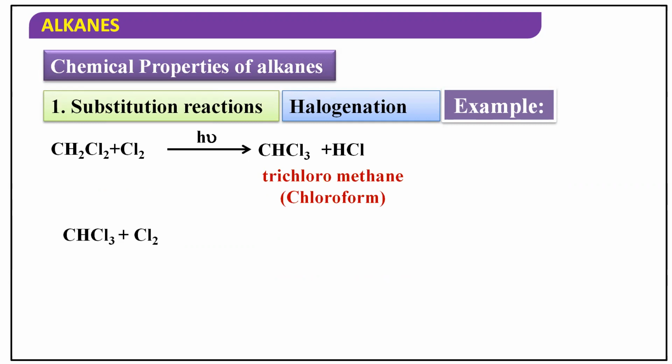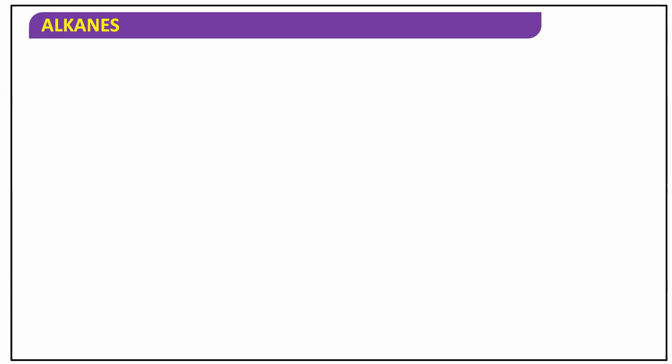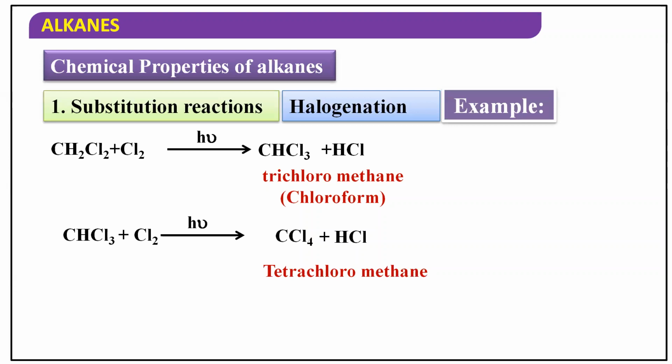Chloroform plus Cl2, again H nu, diffused sunlight, gives tetrachloromethane plus HCl. So at last, all hydrogens of methane have been replaced by the halogen family member chlorine here. Finally, we are getting tetrachloromethane, right? Any doubt, anyone?